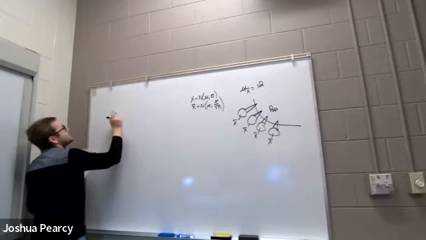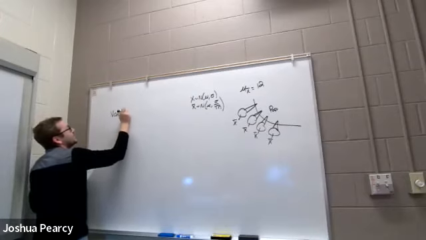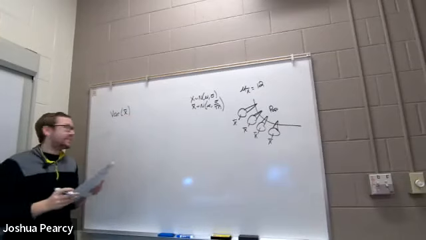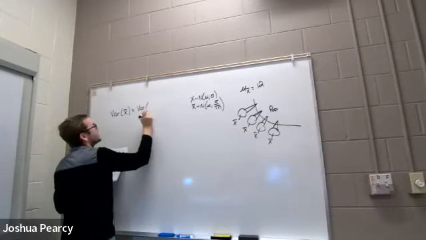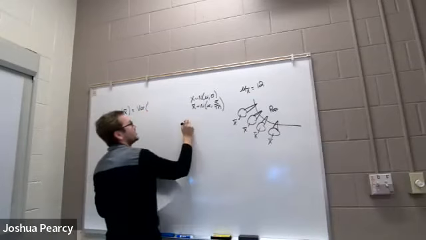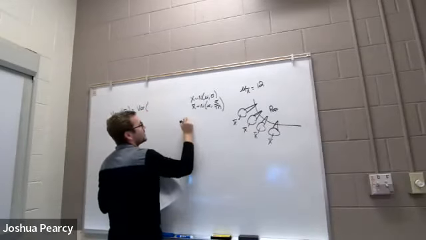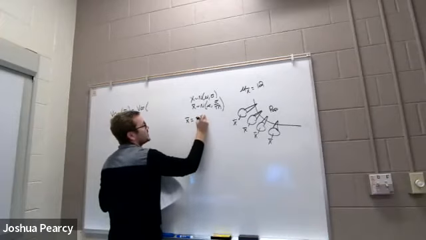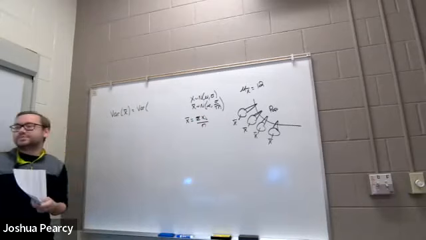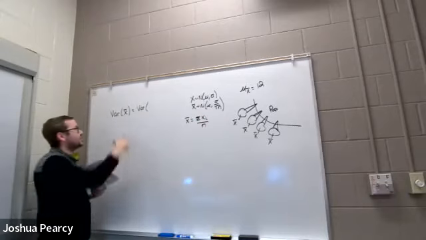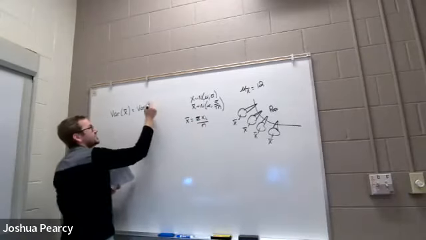So the variance of x bar is equal to the variance of x bar. Remember, you can write x bar as the sum of the data values divided by the sample size, right? Then replace that definition here.